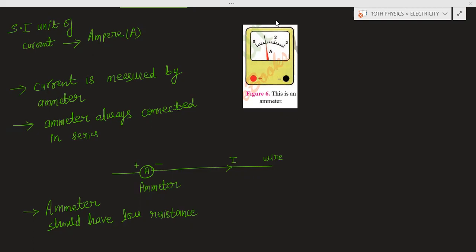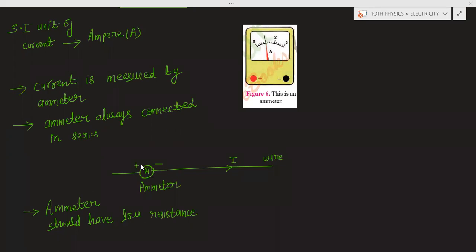Can anyone tell me why the emitter should have low resistance? Aman? Hamna? Anyone? The emitter should have low resistance.